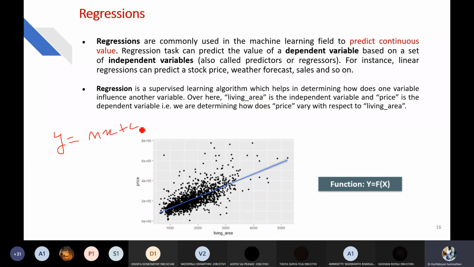Here x is your independent variable, whereas y is your dependent variable, because whenever the x value changes, the y value also changes. That is what regression is all about.